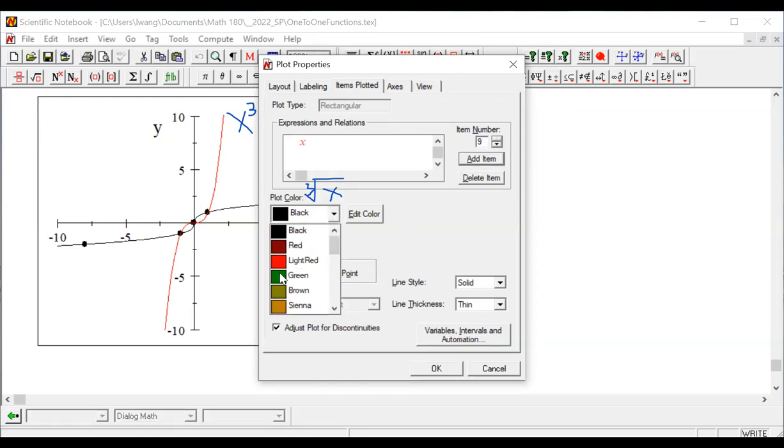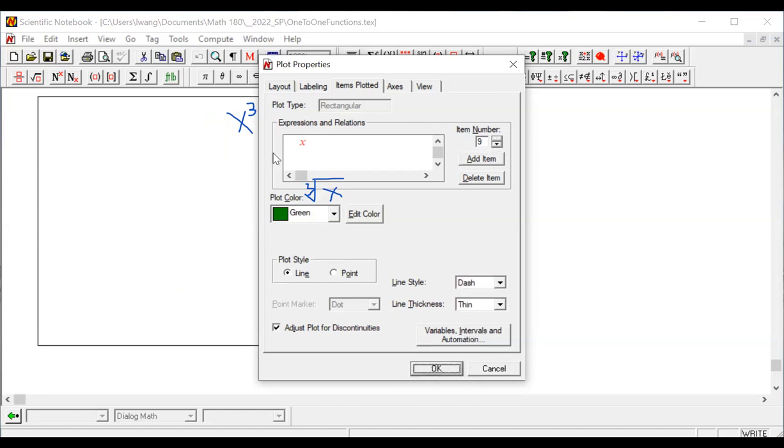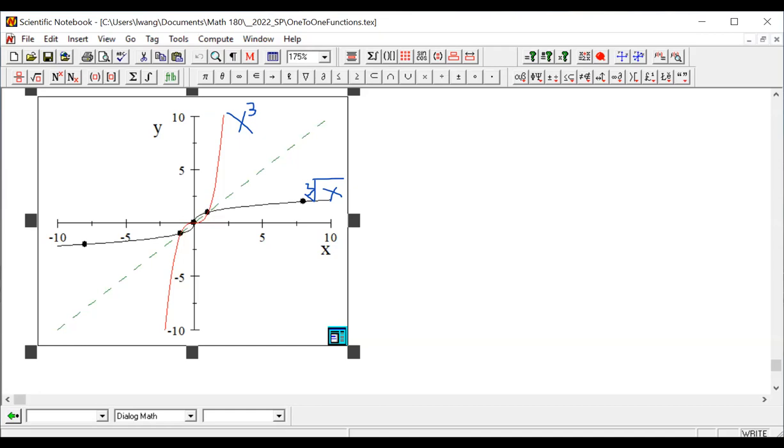Let's make it green. This green line is y equals x, which the inverse functions are symmetrical with respect to. If you fold the black along the green line, it's going to overlap with the red. Is this the case for any two functions that are inverse to each other?